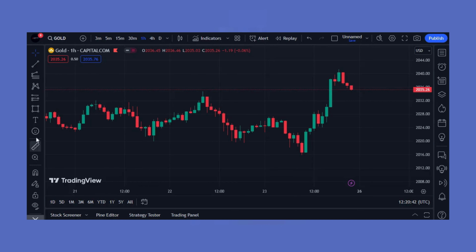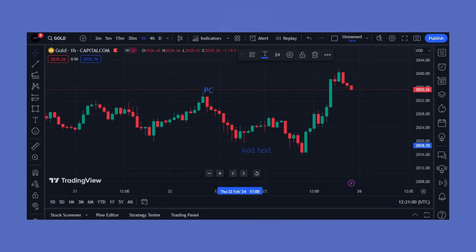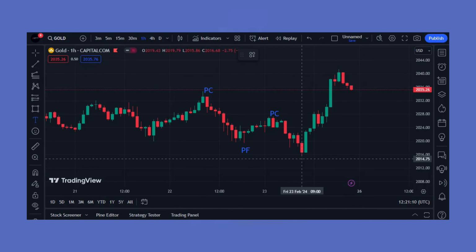This is the previous price ceiling, and this is the previous price floor, and this is the previous price ceiling, and this is the previous price floor.